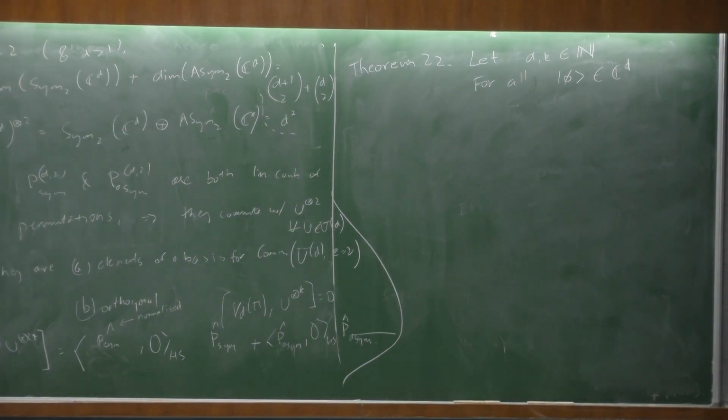How are you doing this? Oh, because they are orthogonal in the Hilbert-Schmidt norm, right? And they have the correct dimension, so you can write any operator in this space as a linear combination.